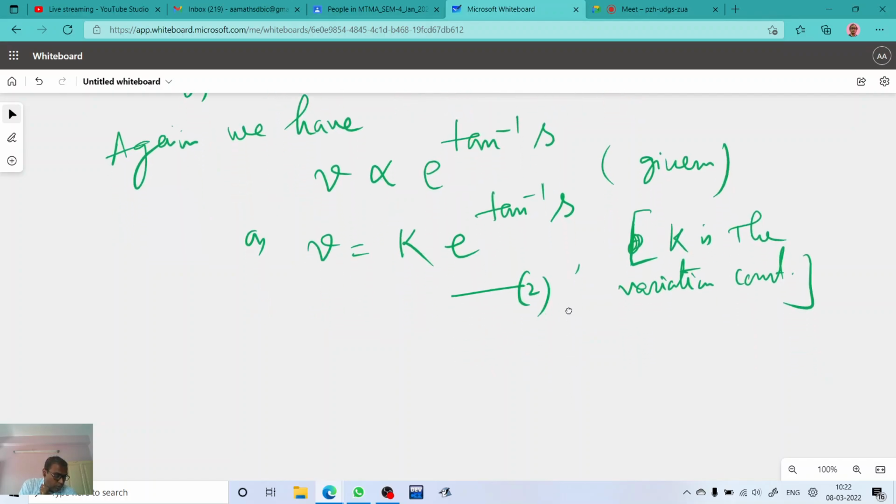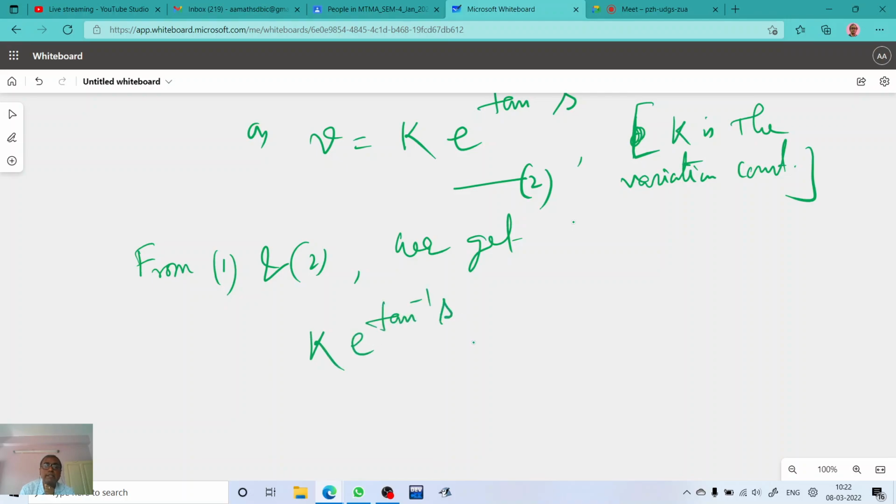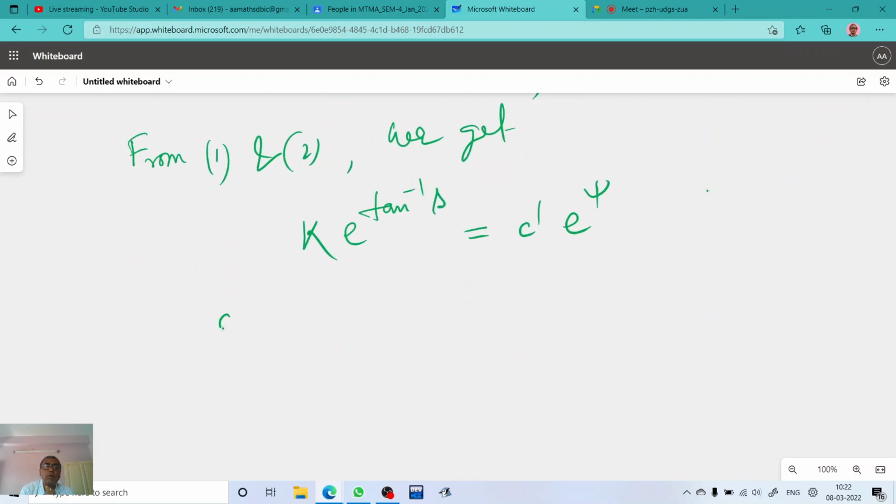Now from equations 1 and 2, we get k e to the power tan inverse s equals c dash e to the power psi, or e to the power tan inverse s equals c dash by k into e to the power psi.